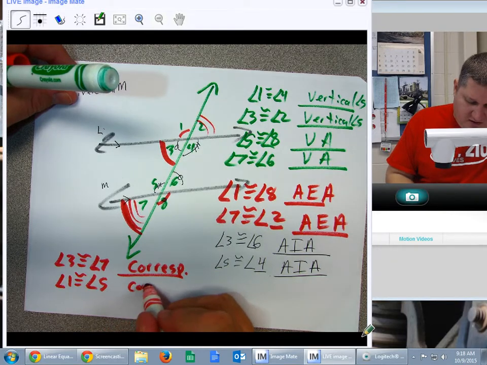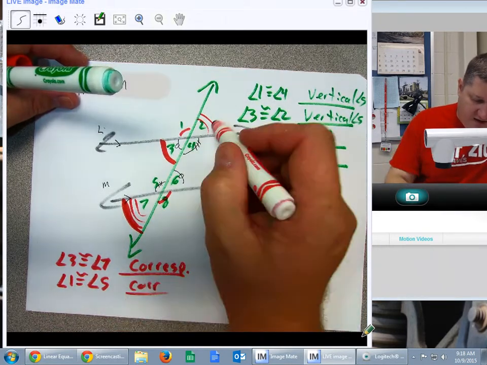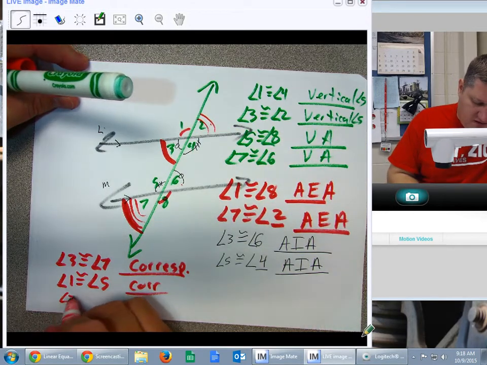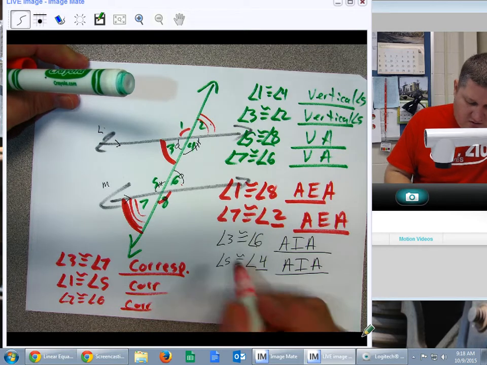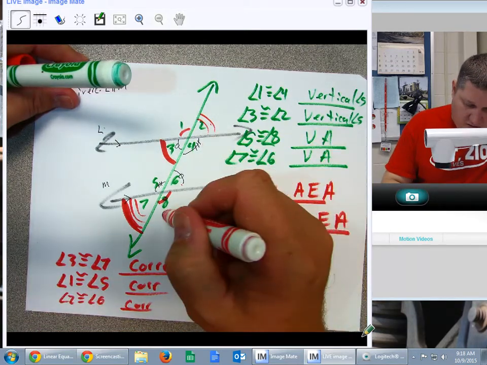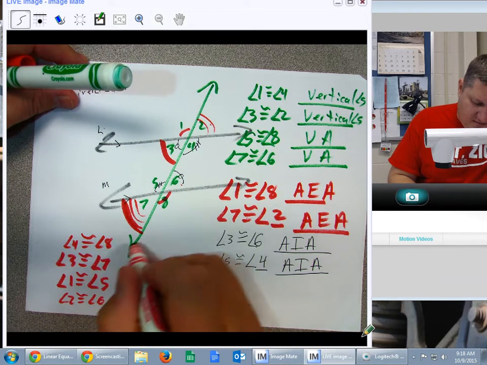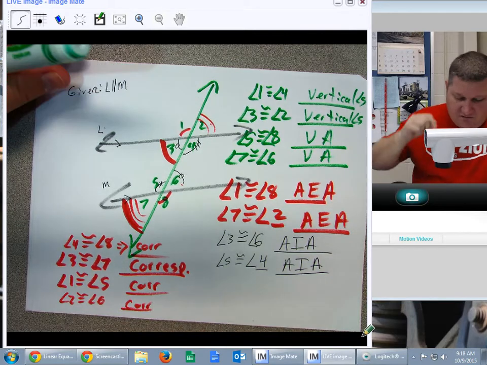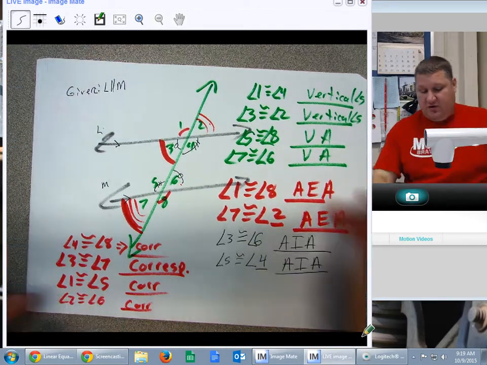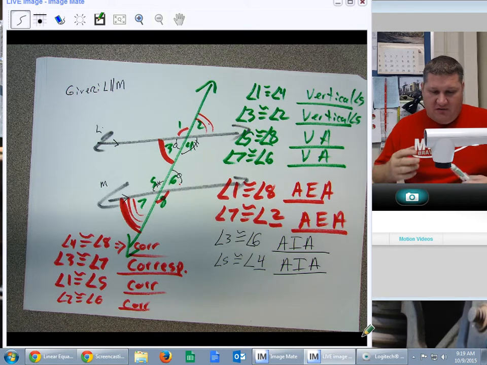So they have by corresponding, C-O-R-R. We also have angle 2 congruent to angle 6 by corresponding. We also have angle 8 and 4. Angle 4 is congruent to angle 8 by, again, corresponding. So we have vertical angles, alternate exterior, alternate interior, and corresponding. So those are all good.